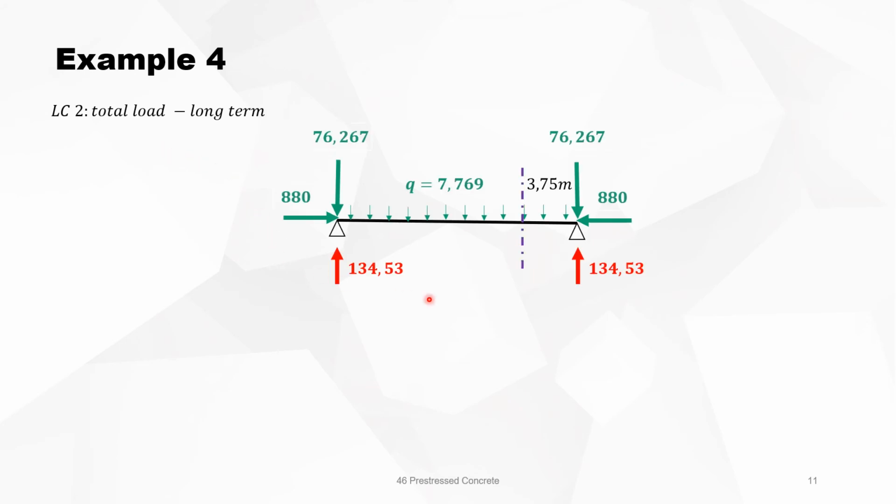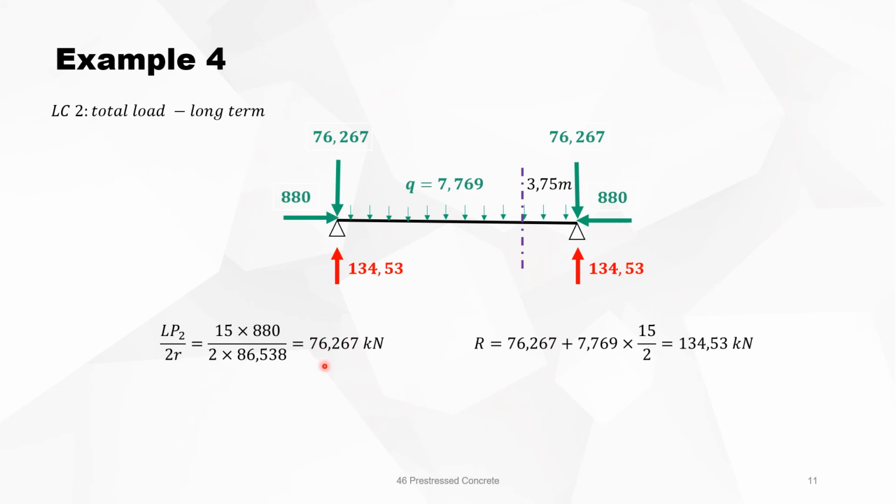So the resulting distributed load is now from top to bottom, because the effect of the mobile load supersedes the effect of the uniform distributed load coming from the pre-stressing force. The reaction on top due to the pre-stressing force is then 76.2.